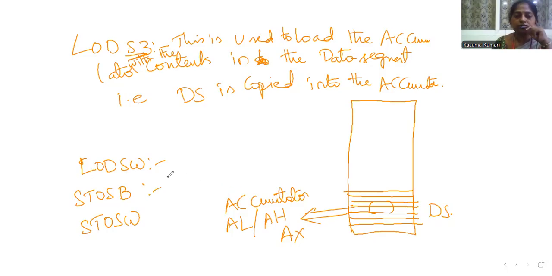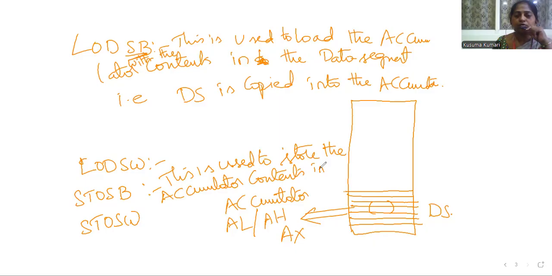So this is used to store the accumulator contents into the extra segment. That means this is the extra segment.